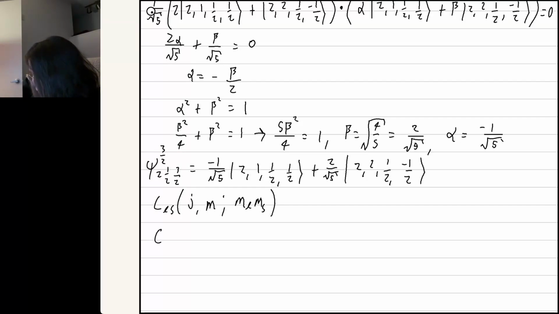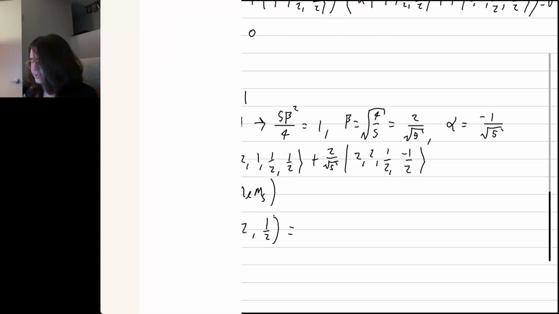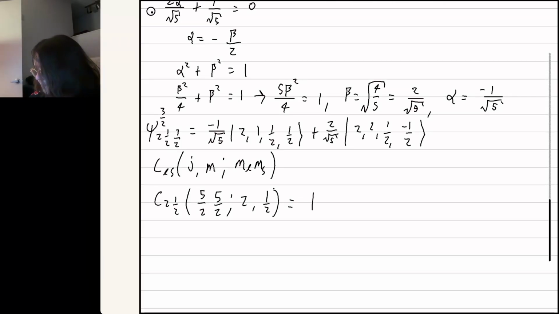All of them have the same L and S. It's all 2 and 1 half. We started with 5 halves, 5 halves, and then ML was 2, and MS was 1/2. That was just 1. That was the first one we did.